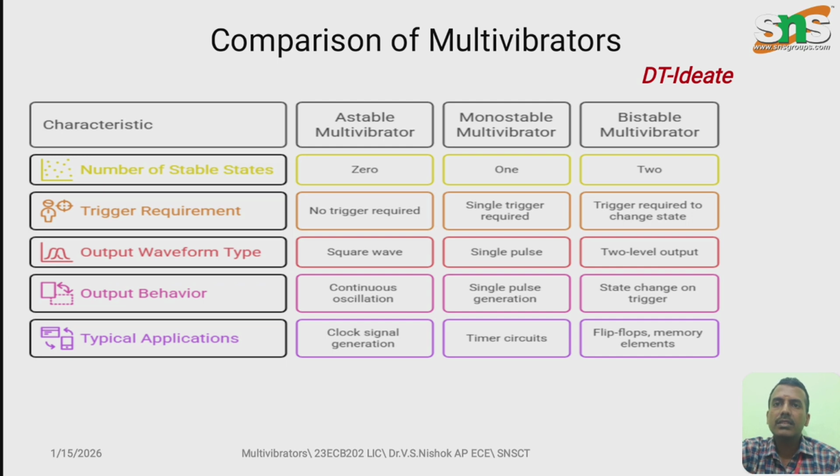After giving another trigger signal, it moves back to the unstable state and comes to the stable state. So this is the general functioning of the monostable multivibrator.